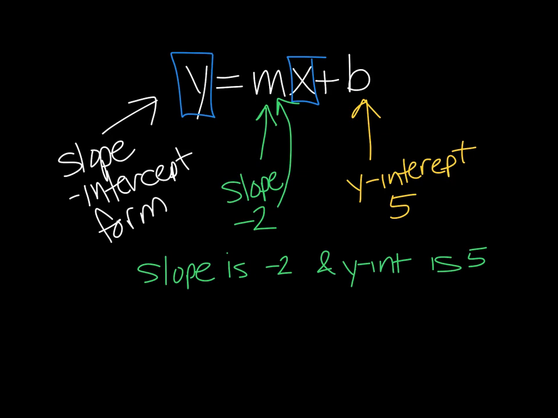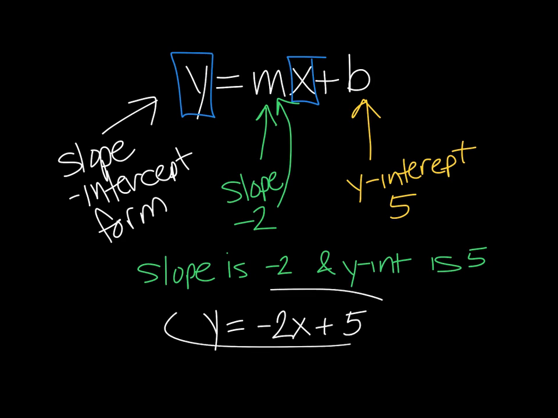So then your equation is y equals, instead of m, I'm going to put a -2. I keep the x plus the y-intercept, which is 5, and this would be your equation.